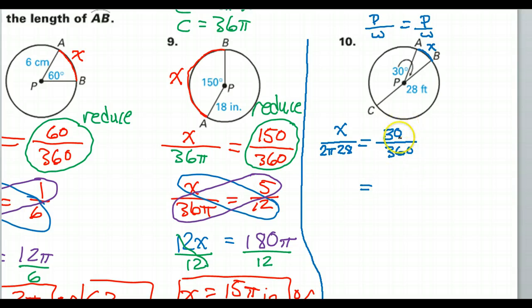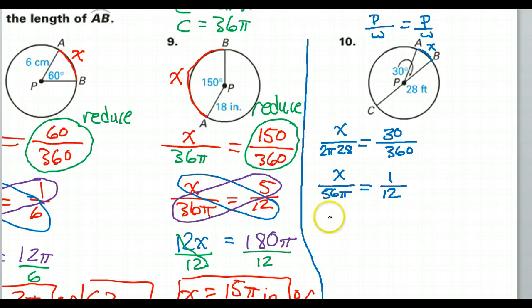Alright, so I told you to reduce this side. So this side is going to reduce down to 1/12. This side, alright, 2 times 28 is 56. So this is going to be 56 pi. And then you cross multiply.